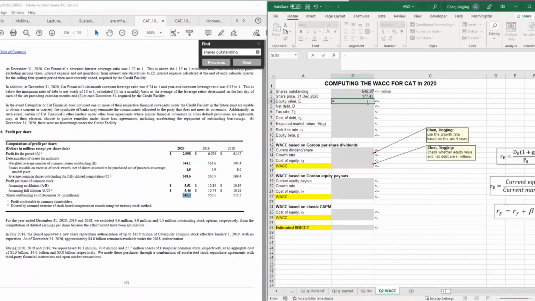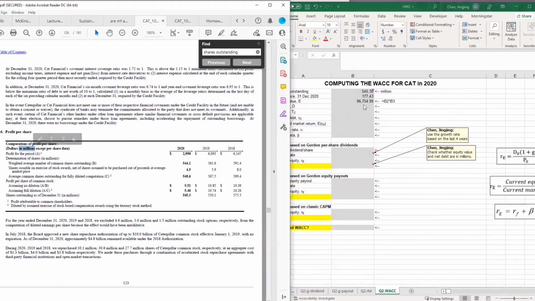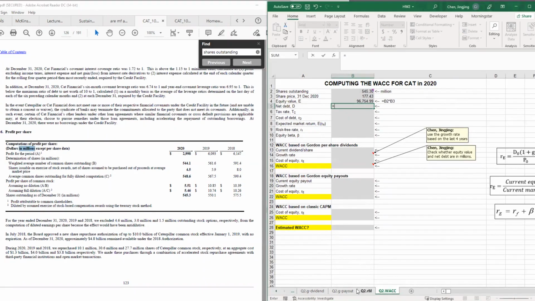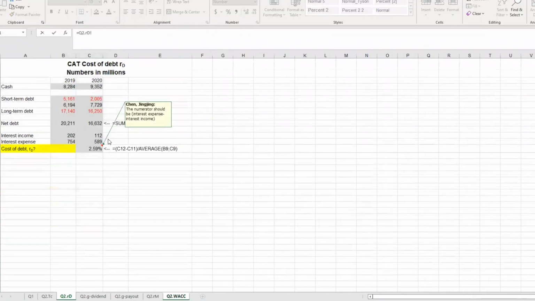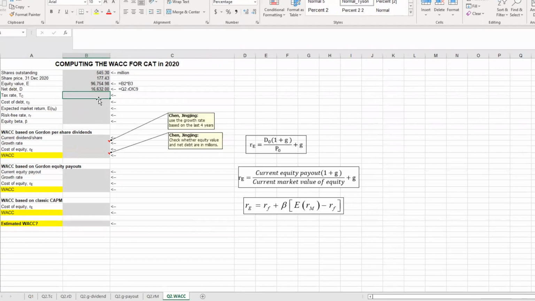So calculating equity value using the number of shares times the price per share. Remember, this is in millions, as stated here. Net debt we calculated before. And the tax rate. The tax rate is pretty stable, so I'll just use the last tax rate.